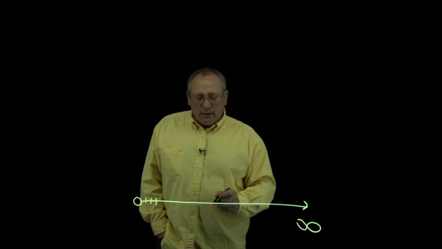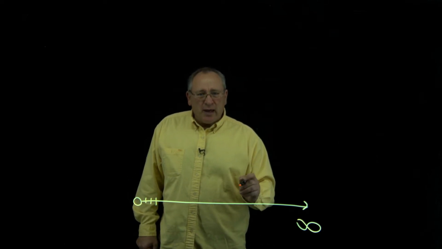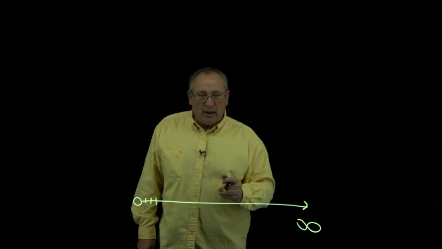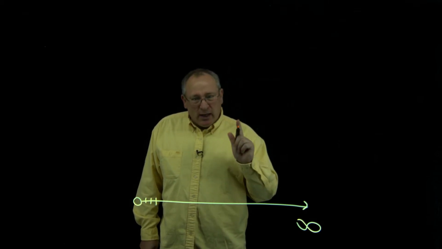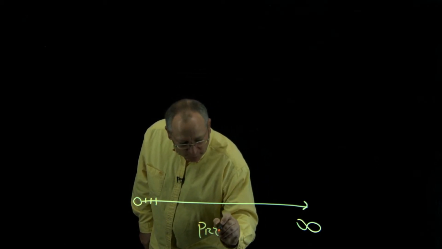All right, let's take that number line and help explain trade-offs, and let's say our economy can only produce one good. Let's use our imagination like we're playing video games. We're only going to produce one good, and let's call that one good pizza.